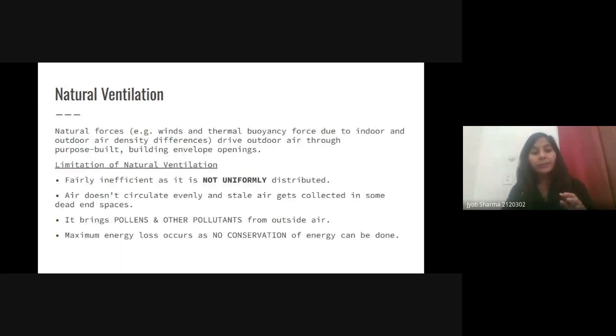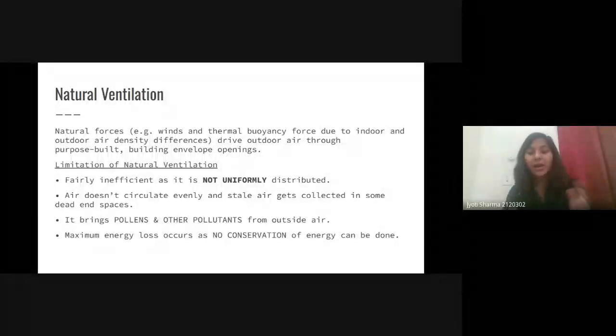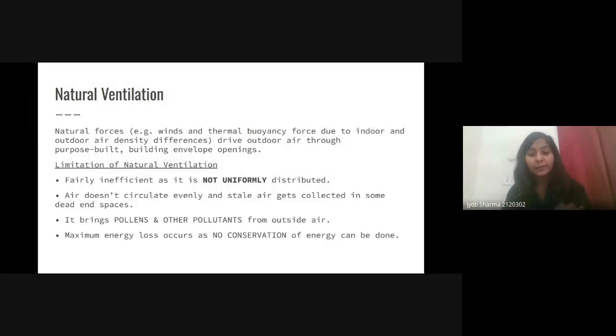Then we have different types of ventilation. Actually, we have three. The first is natural ventilation, the second is mechanical ventilation, and the third is hybrid. Hybrid means a mixture of natural and mechanical. Natural means natural forces such as winds and the thermal buoyancy force due to the indoor and outdoor air density difference.